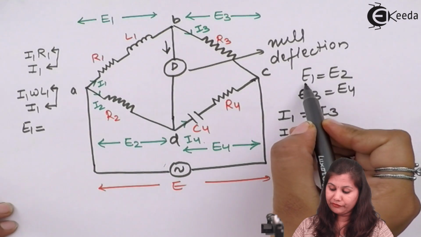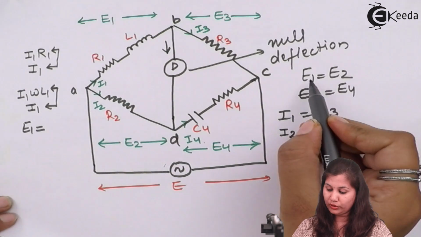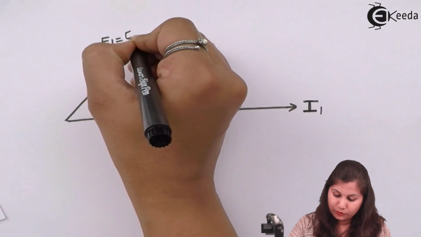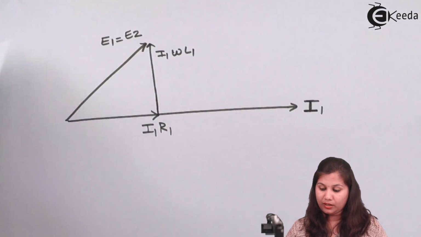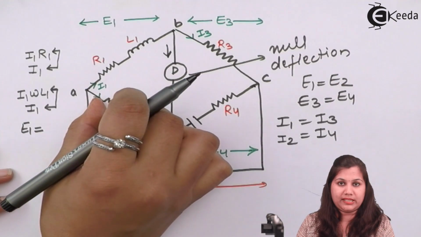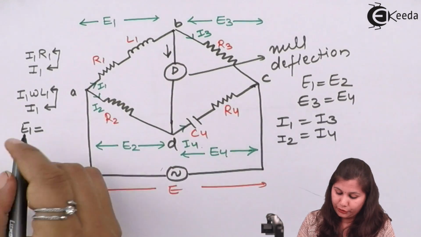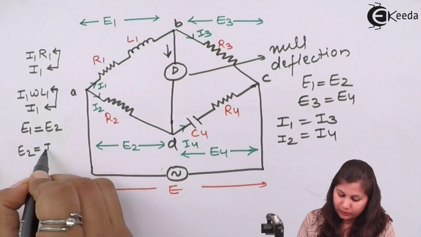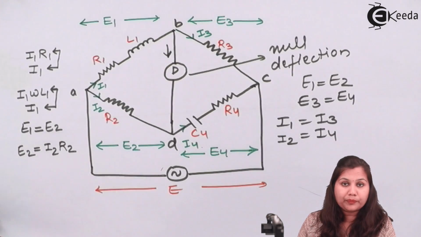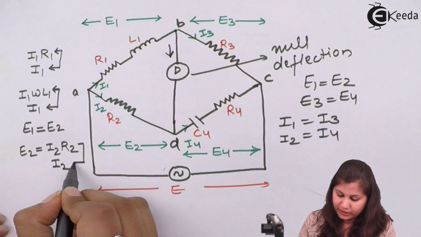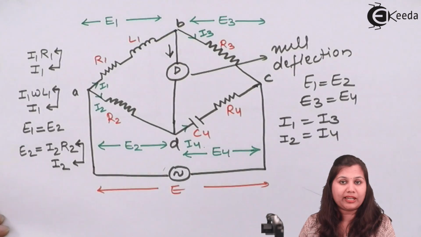We have drawn the phasor for E1. So E1 phasor will be equal to E2. Now E2 is what? The potential drop across this resistance, that is I2 R2. So E1 is equal to E2, and E2 is equal to I2 R2. Now this potential drop and the current I2 across the resistance will be in the same phase.